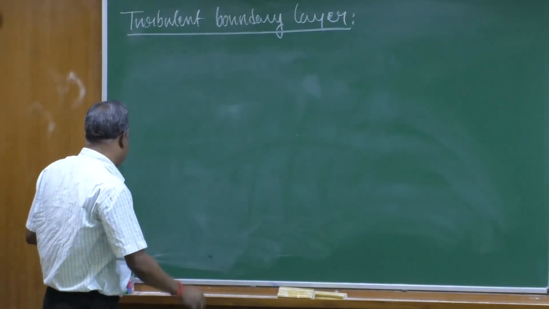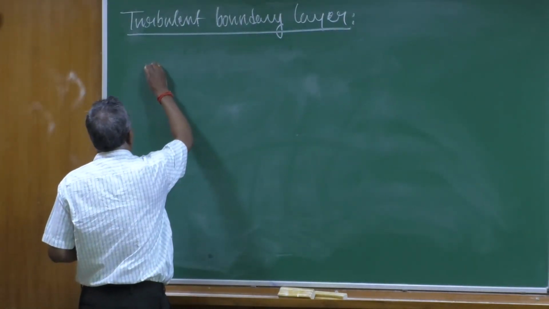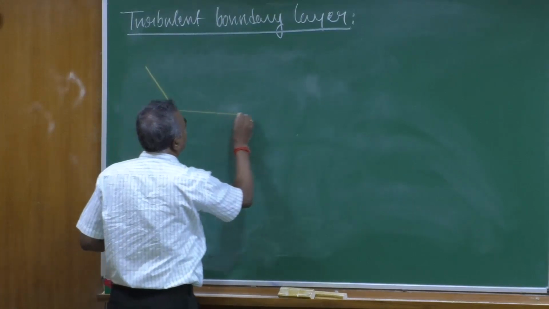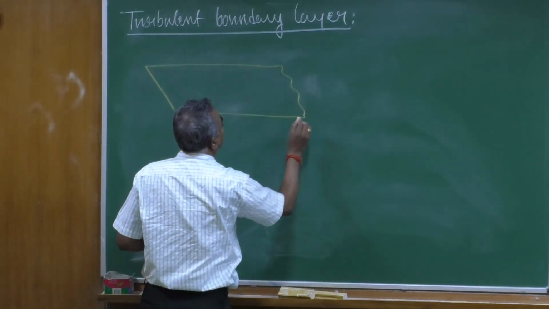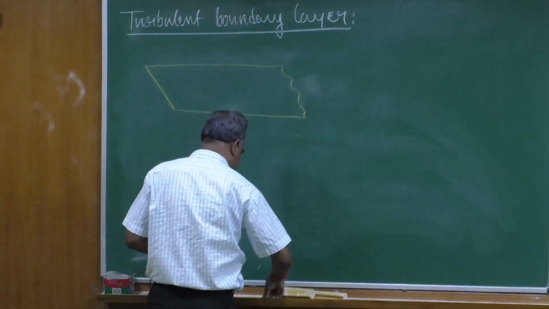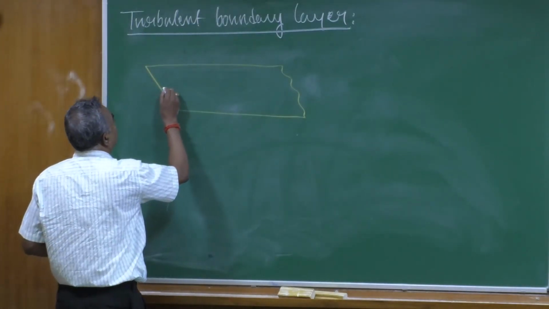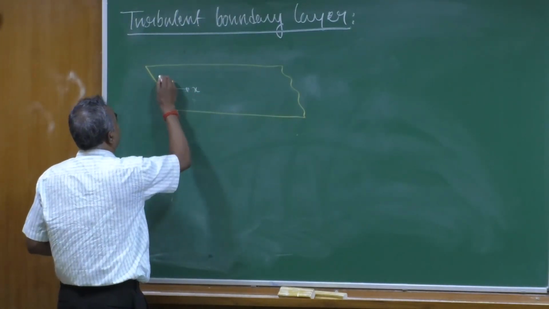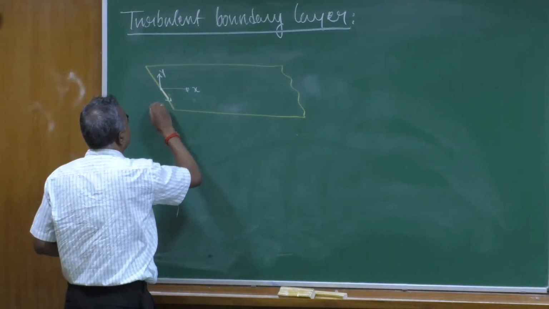Okay. Let us draw it. So, if you consider a plate like this, let us say x is in this direction, y is this, and z is in this direction.